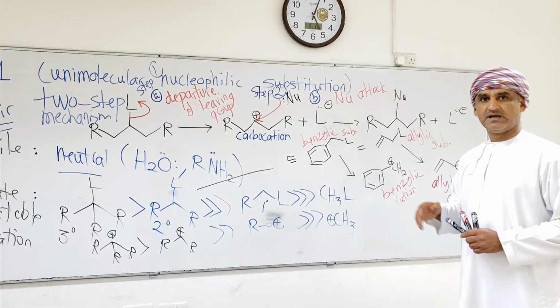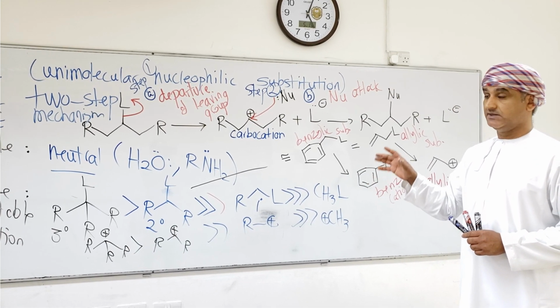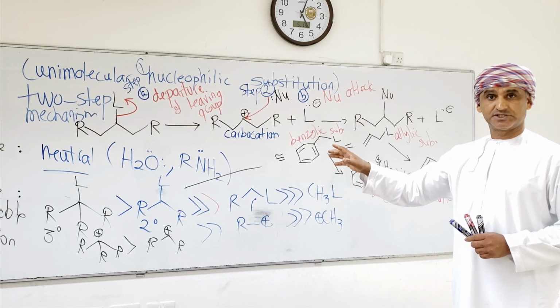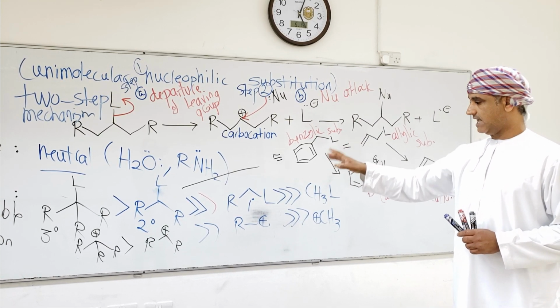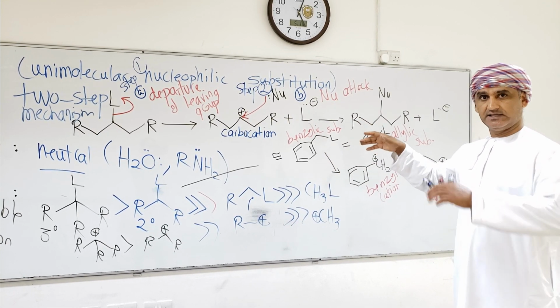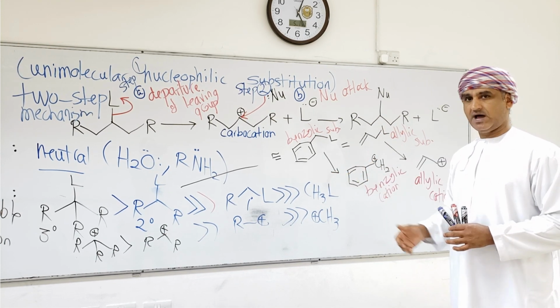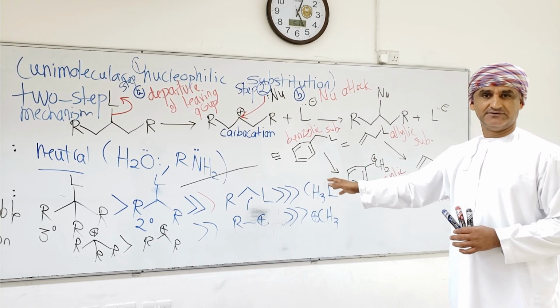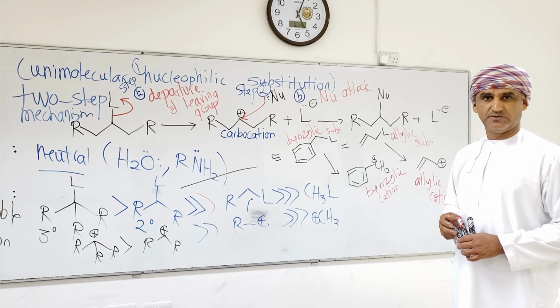So therefore, the most reactive substrates in the SN1 mechanism are the tertiary ones, followed by the secondary, benzylic and allylic together, and then primary. Primary and methyl are virtually ineffective in the SN1 mechanism.